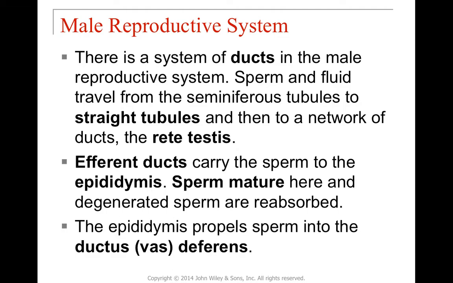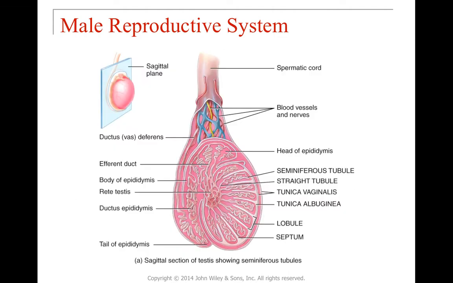But on the chance that they are a lucky set of sperm, they're going to be propelled out through the epididymis into the vas deferens. From the vas deferens, they're then going to meet up with fluid from the prostate, from the seminal vesicles, etc., and then they're going to end up out through the ejaculate.